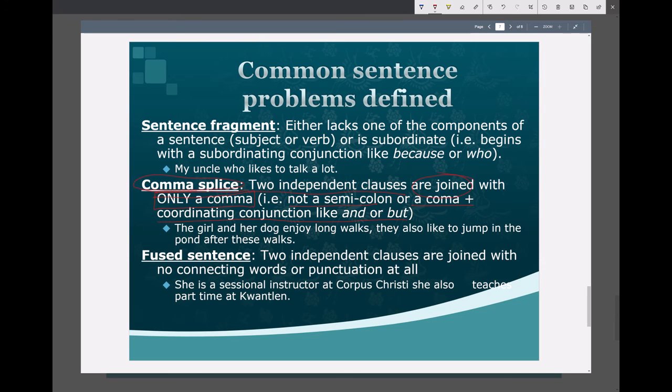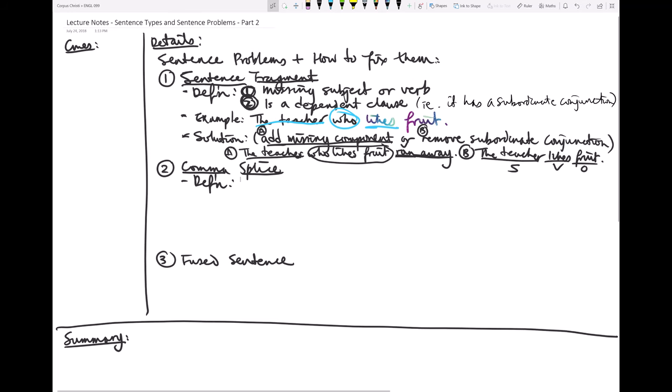Okay, so let's write that down. So I might write two independent clauses joined by only a comma.